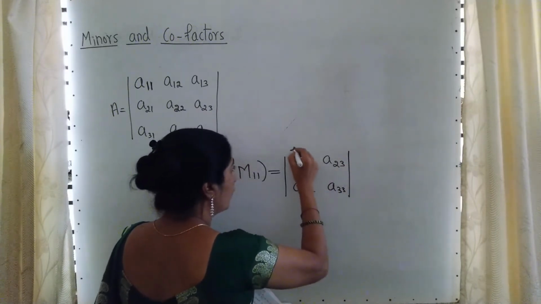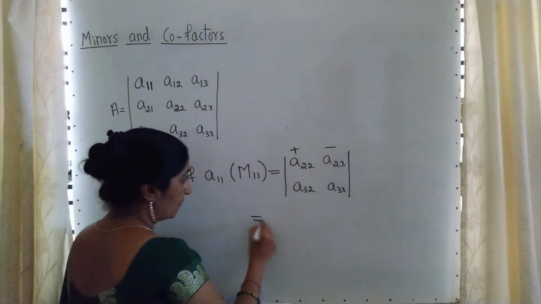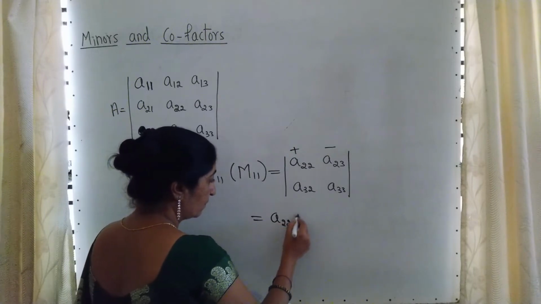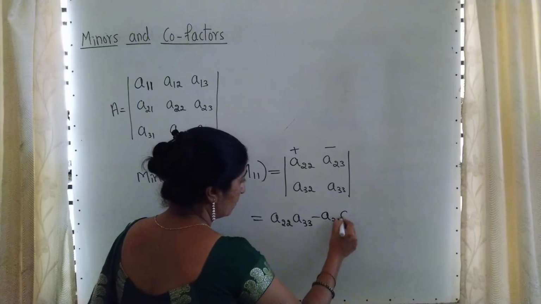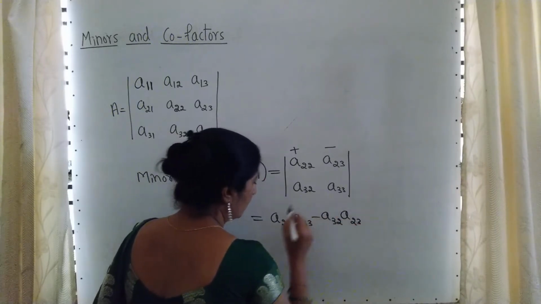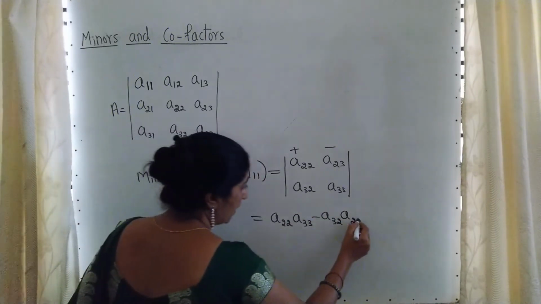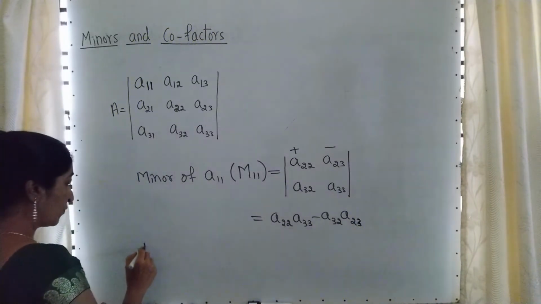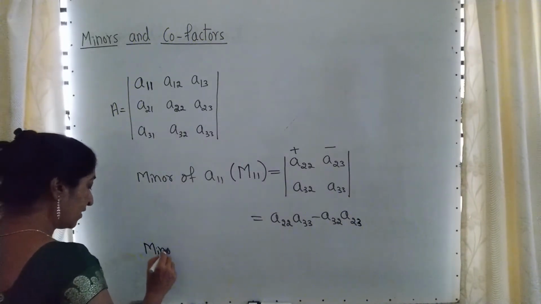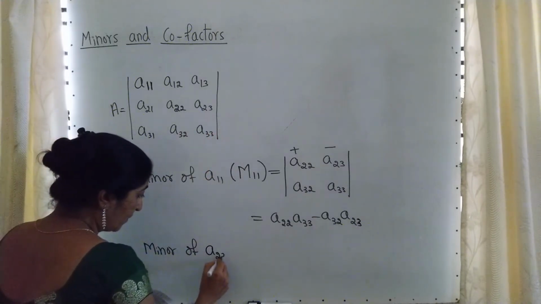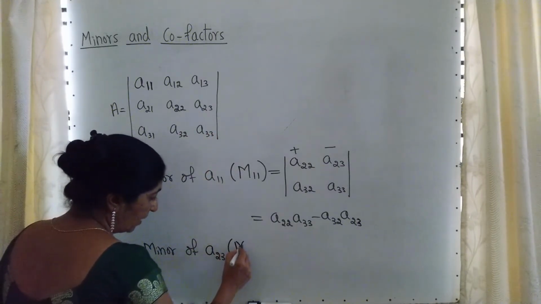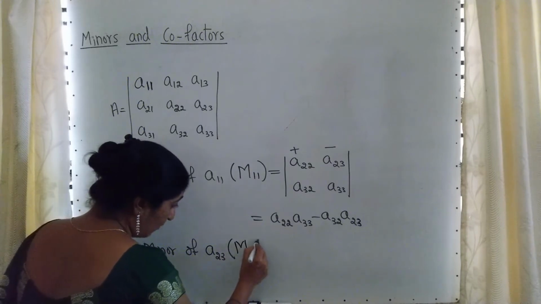And you are already familiar with how to expand this. See, is it very simple or what? Now moving to the next one, A23. Suppose you want to write the minor of A23, then it will be written as capital M23.